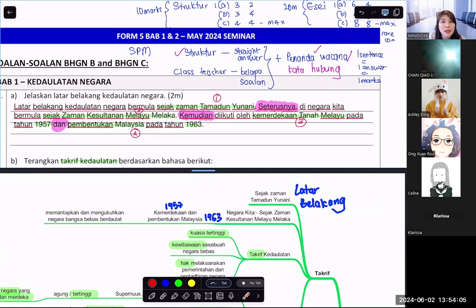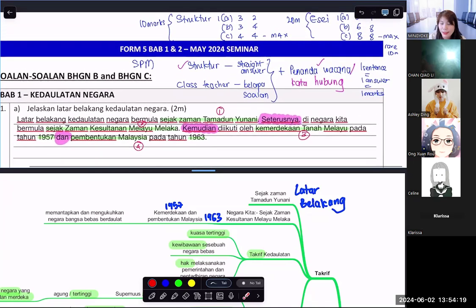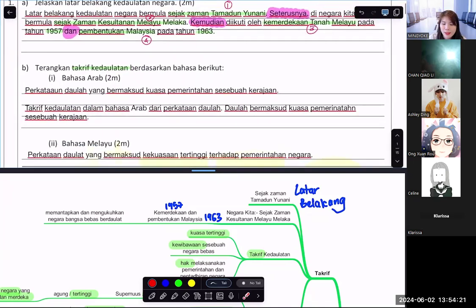Bagus. So then the next one, guys, we're going into the next question. Now, the next question is takrif kedaulatan, for example. If you follow the standard SPM answering technique, you can direct answer. What is the straight answer?